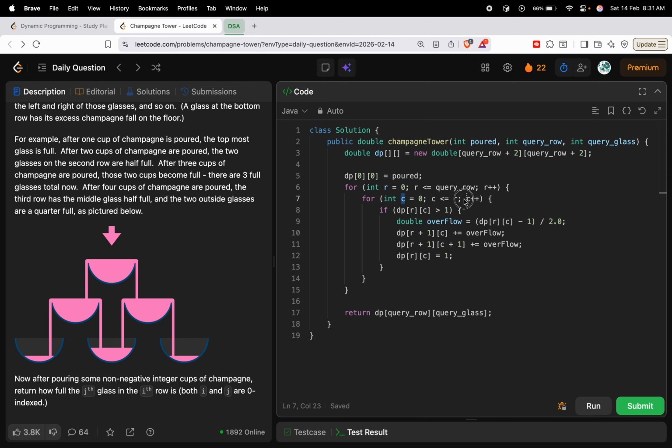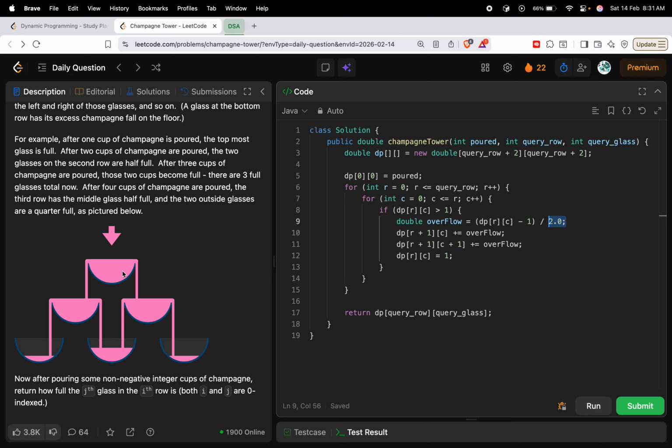If the cell in which I am standing contains more than 1 unit of champagne, it will overflow, so I am calculating how much it can overflow. 1 unit will settle and the rest will overflow. The overflow will be split equally into two parts, flowing into this particular glass and this particular glass equally.